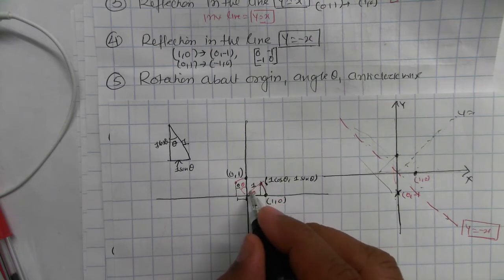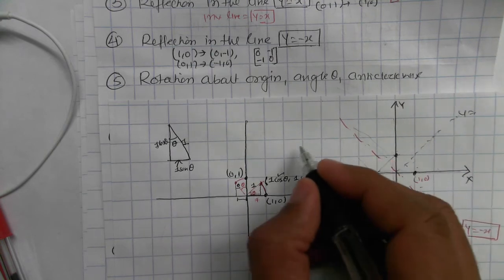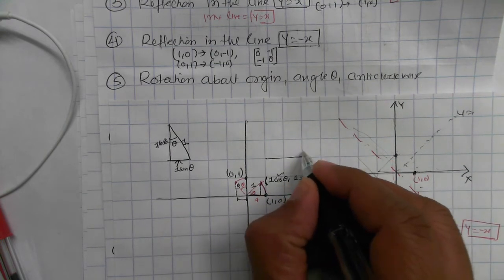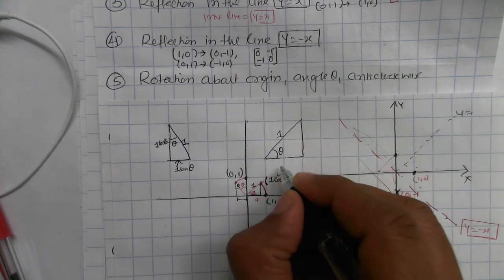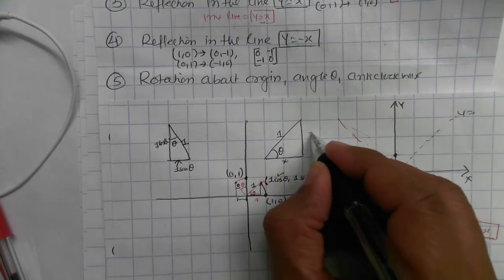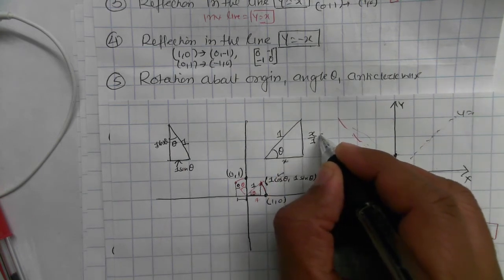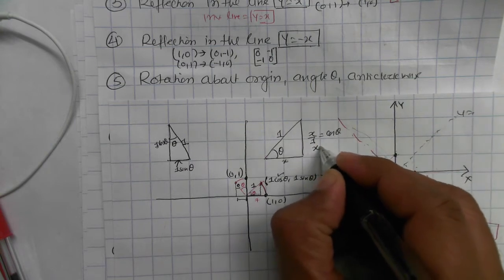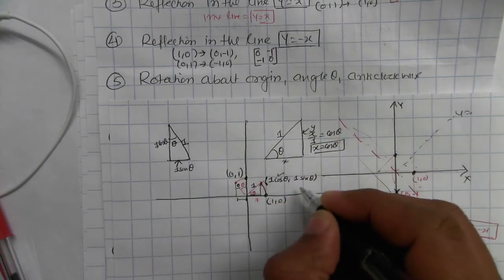Let me just draw this as a triangle for you. If that's theta, this is 1. I want to find this distance. So x over 1 is adjacent over hypotenuse, which is cos theta. So x equals cos theta. Similarly, y equals sine theta. The coordinates of this point become (cos theta, sine theta).